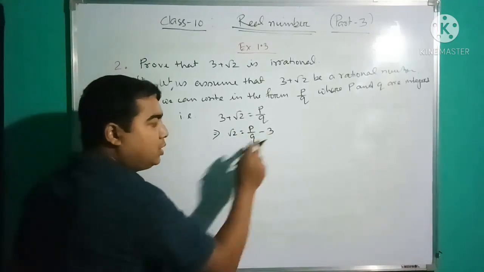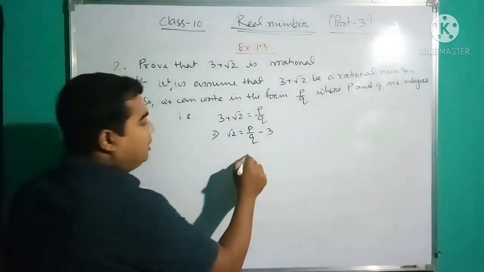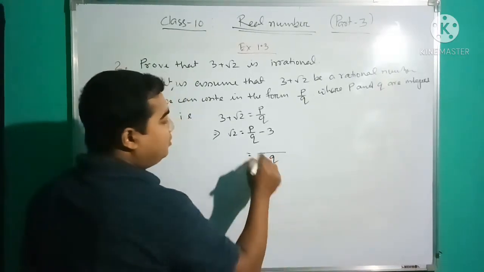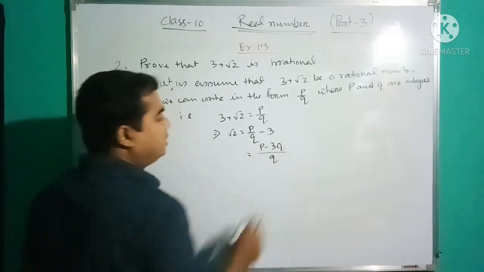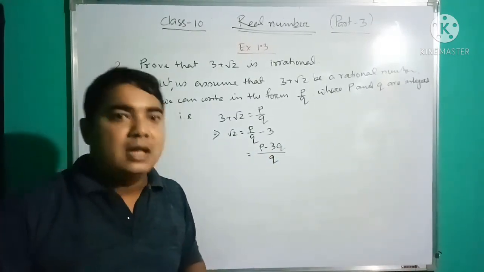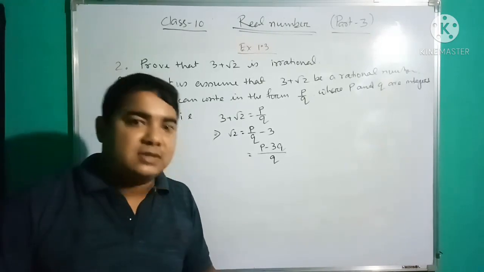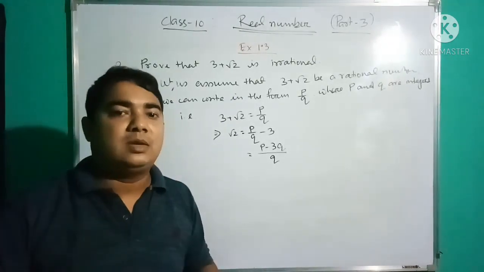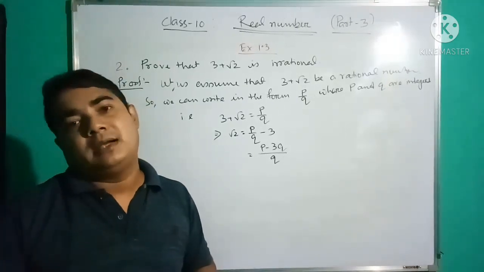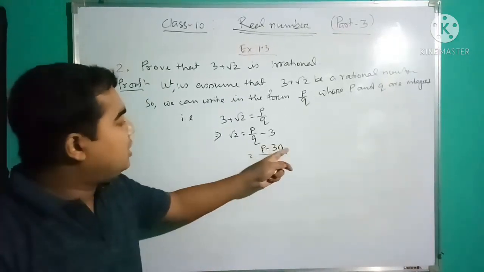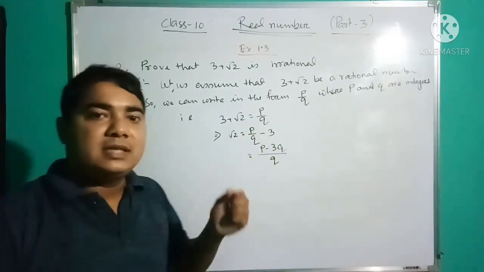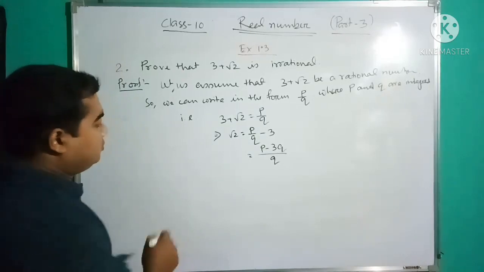Now p, q, 3 all are integers. Integers are rational numbers. Now take the LCM: p minus 3q, by q. We know that the sum, difference, product or quotient of rational numbers is always a rational number. So p, 3, q all are rational numbers, and their overall calculation is a rational number.